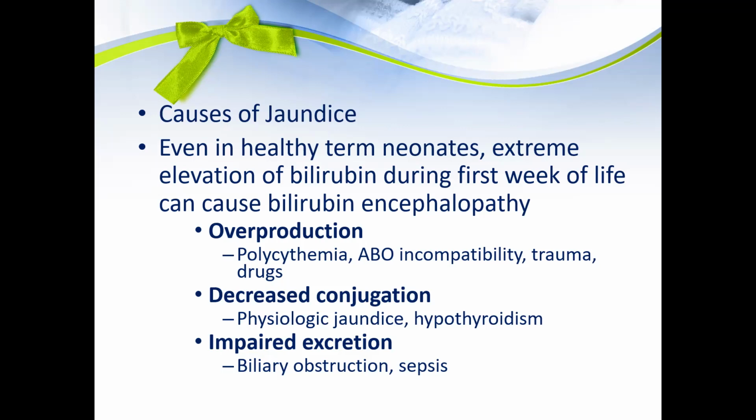The inability of the body to excrete the bilirubin could be caused by something called biliary atresia, gallstones, or some sort of tumor that the baby may have developed, or neoplasm, sepsis, hepatitis, or chromosome abnormalities, which could all lead to this type of jaundice with the impaired excretion.